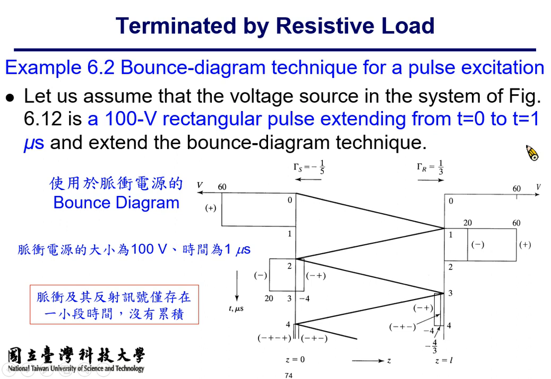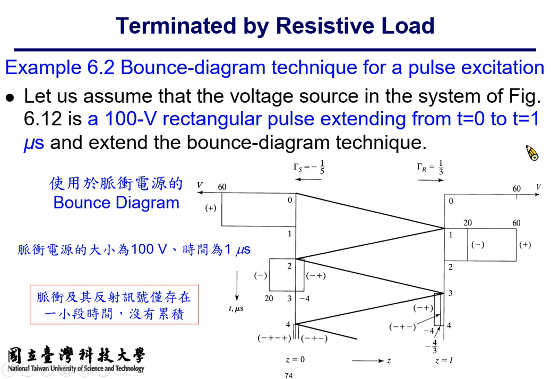So the bouncing diagram becomes a little bit interesting because at any instant, you only observe just two components of the V plus, V minus, V minus plus, minus, plus, minus terms. You do not see all the terms, okay?